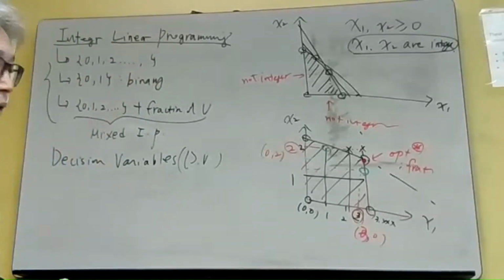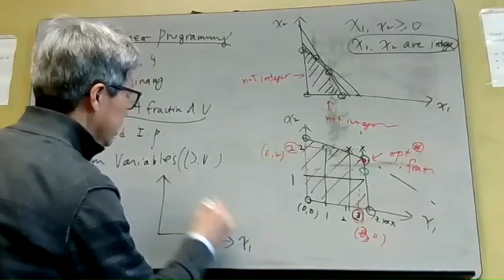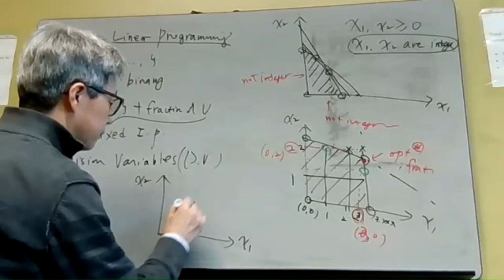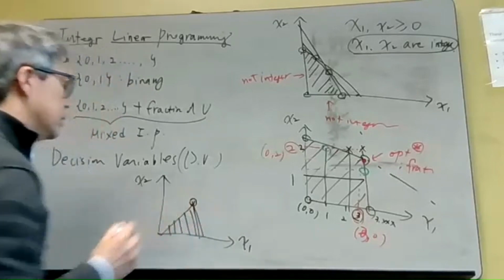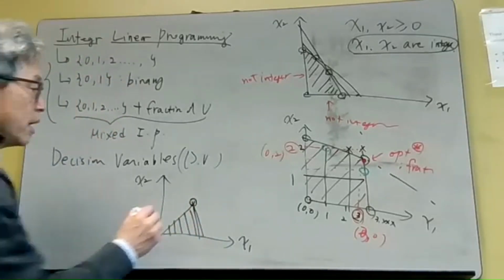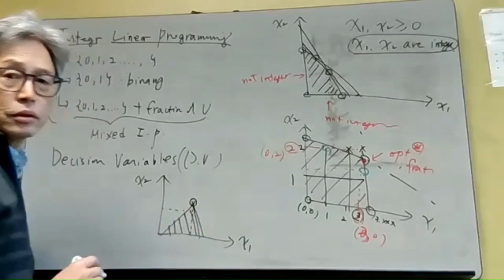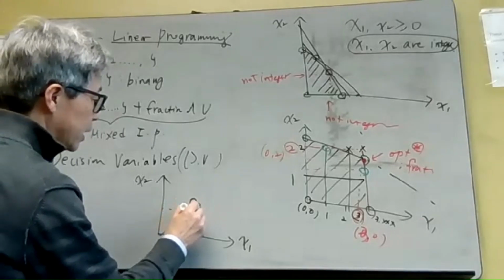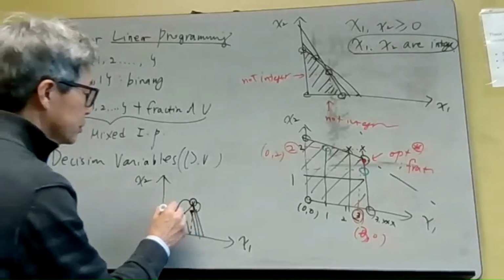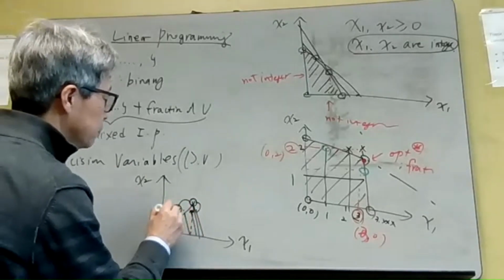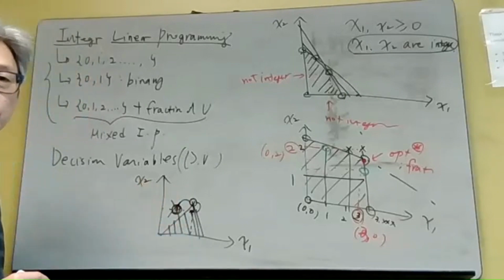So as you see from this graph, I have x1 and x2. If your feasible region is like that, and this is the optimal solution, then if you want integer solutions, maybe you round down and round down, maybe your solution is one of these, but this point is out of the feasible region, so this cannot be your solution.